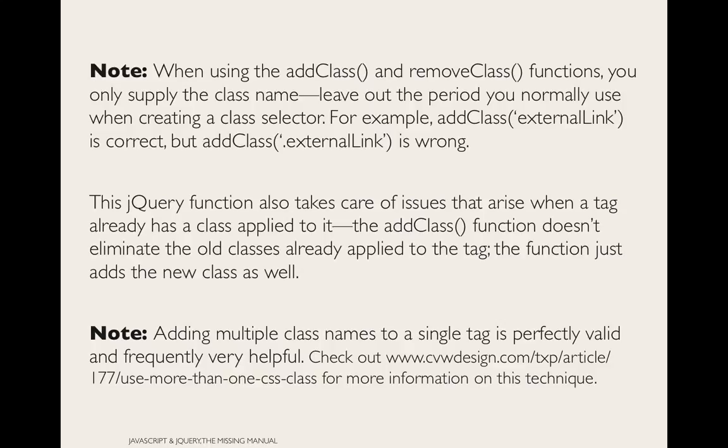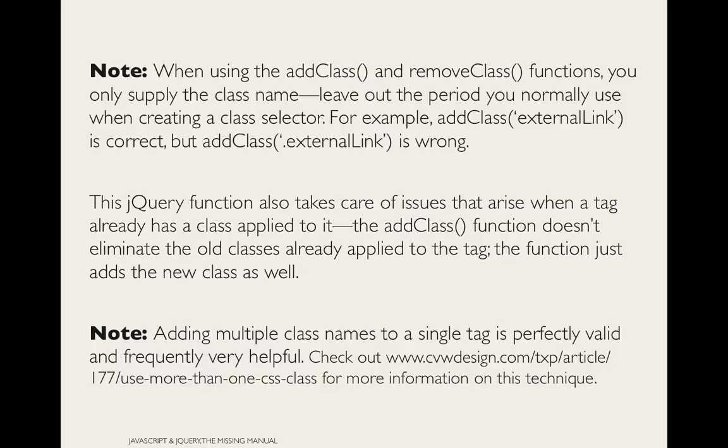Just one little thing as far as punctuation goes: when you're using addClass and removeClass, you only supply the class name. Leave out that period that you'd normally put in there. For example, I'm using here an addClass of external link, which is correct. But adding a class with a period at the front is wrong.